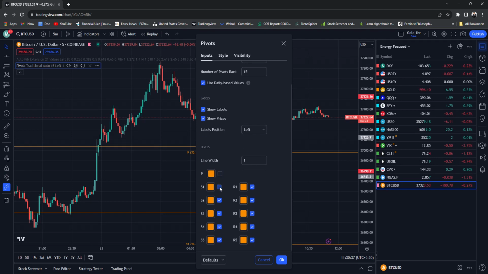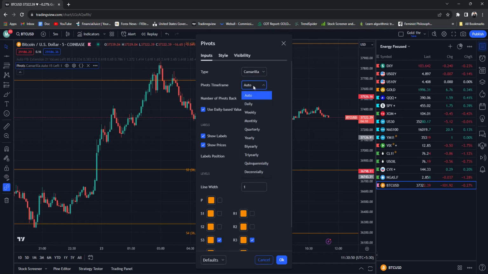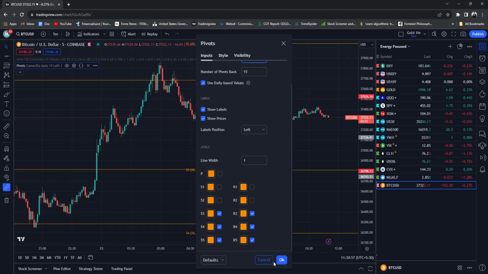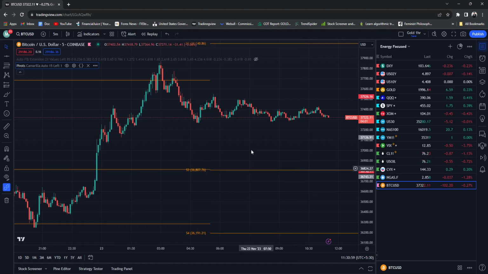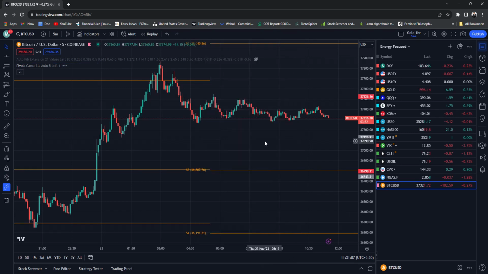We don't need the PS, just S3, S4, and S5, and R3, R4, R5, and we just set it to Camarilla, and time frame we can keep auto, number of years yes, and so level yes. That's fine. All this is fine, and we just go to no. We don't need 15. Because back is 5 is fine.